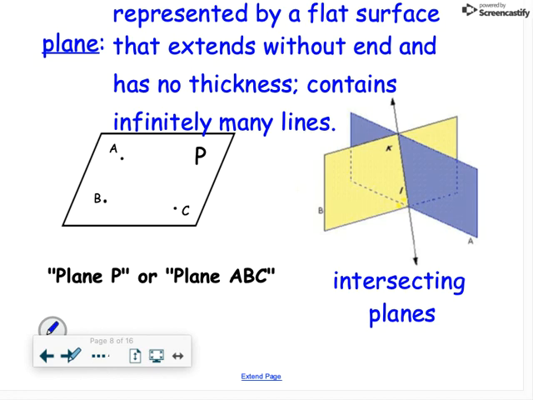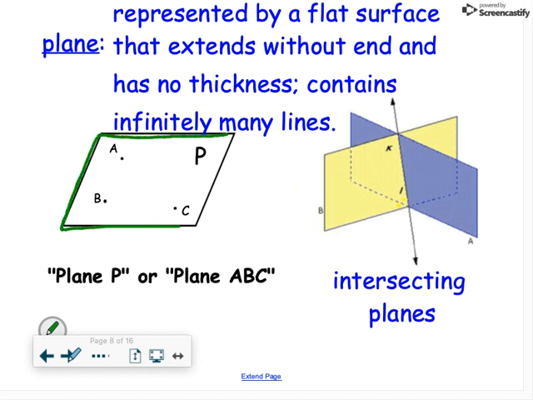Our next term is called a plane. A plane is represented by a flat surface that extends without end and has no thickness. It contains infinitely many lines. If we look at this plane here, we have a couple different ways to name it.